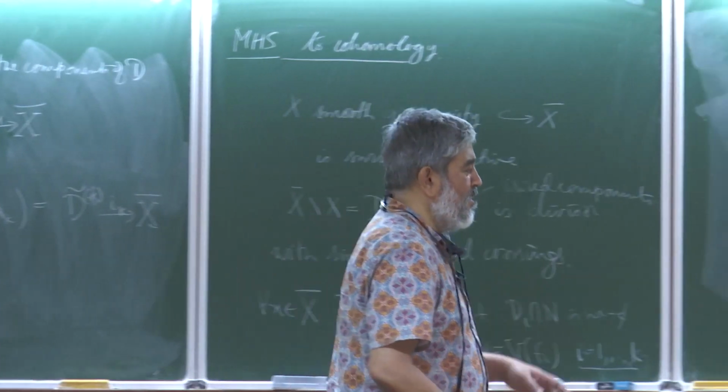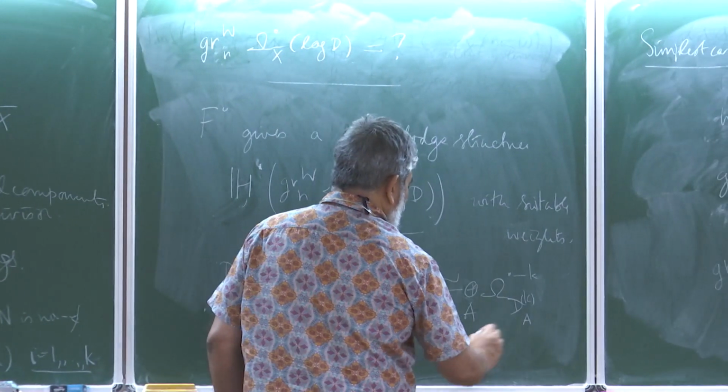There may be intersections which are empty, so A is such that this is non-empty.